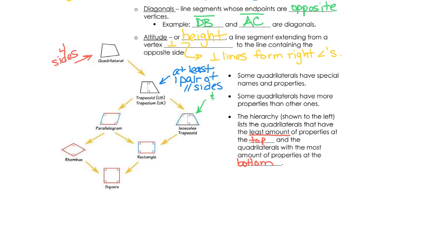And there are a few properties that it has, but one of them could be that the diagonals are congruent, whereas in the trapezoid, they didn't have to be. So it gains a property, and it changes its name. So this is the isosceles trapezoid. It has a few other things too.